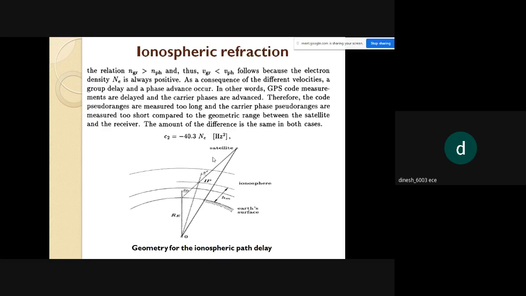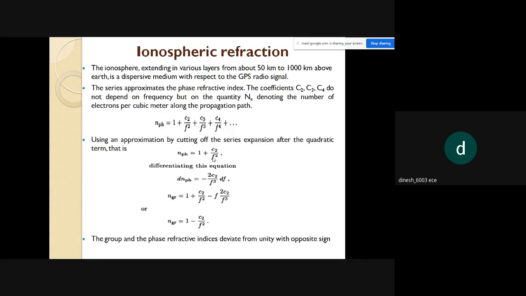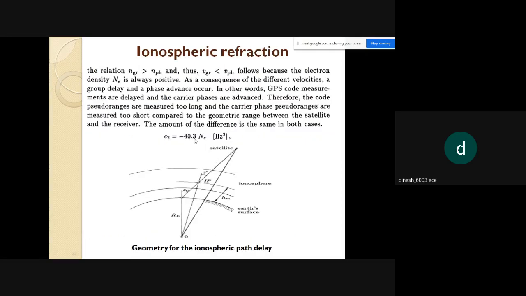So the amount of difference in both cases, measurement of code pseudo ranges and carrier phase pseudo ranges, would be C2, where we have seen that this C2 will be minus 40.3 times NE, the geometric ionospheric path delay.